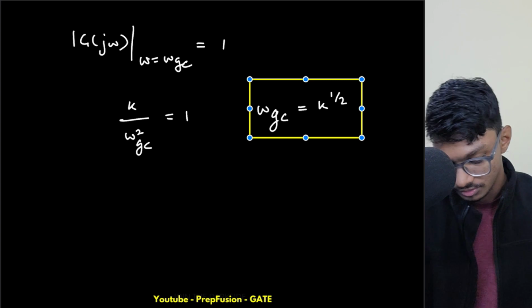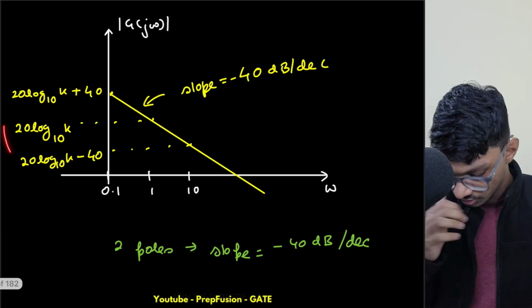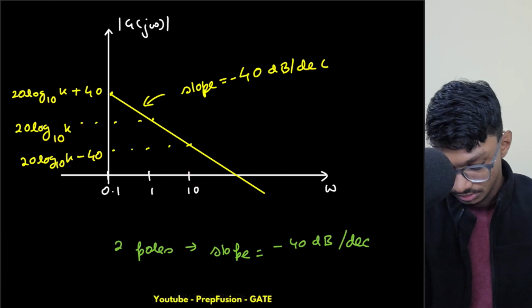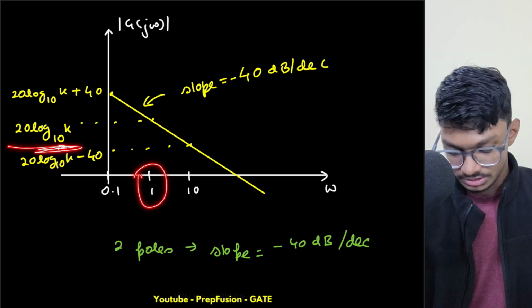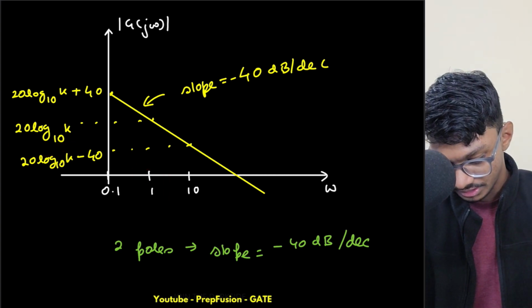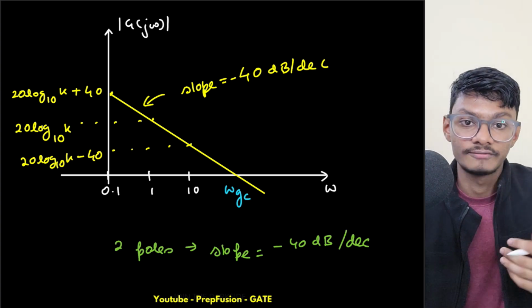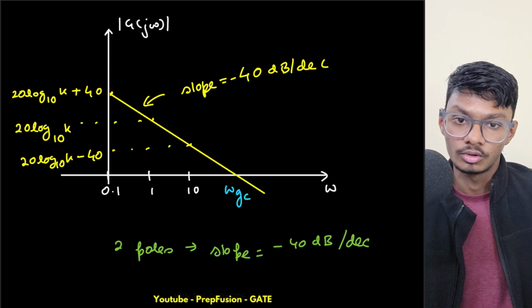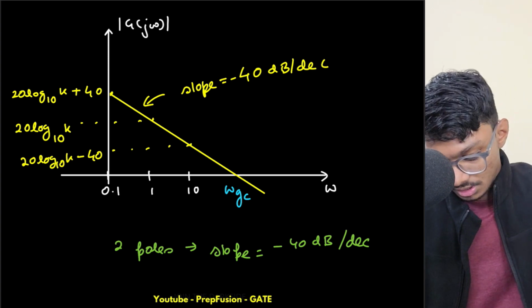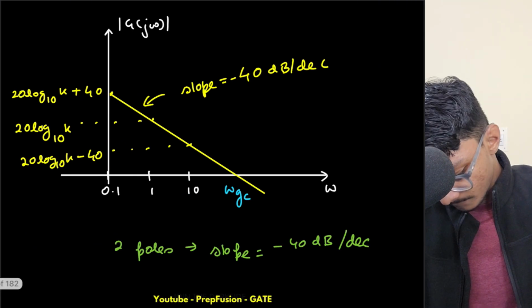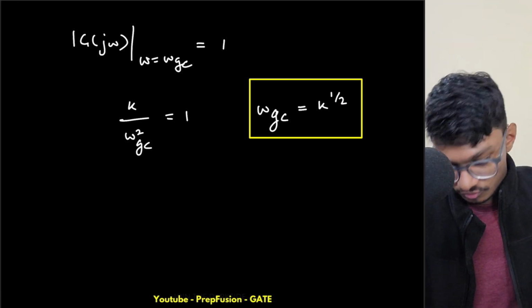From the Bode plot also you can solve for it. At 1 I have this frequency, and at omega gc, so let's name this omega gc. I did it mathematically from the transfer function, but if you want to find it from the Bode plot, how will you do that? You know the slope formula, right?